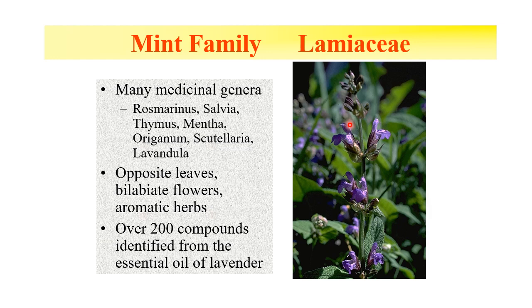There's one lobe, there's another lobe. And they have leaves that are opposite. Here you might be able to see that. And the flowers are attached to the stem in whorls. And they kind of encircle the stem here. So those are all characteristics of the mint family, including that most of them are aromatic, or smell good, basically.